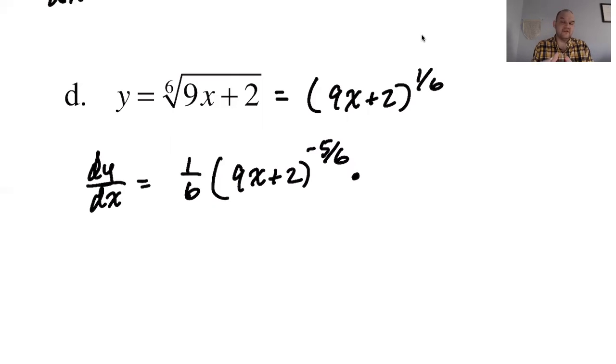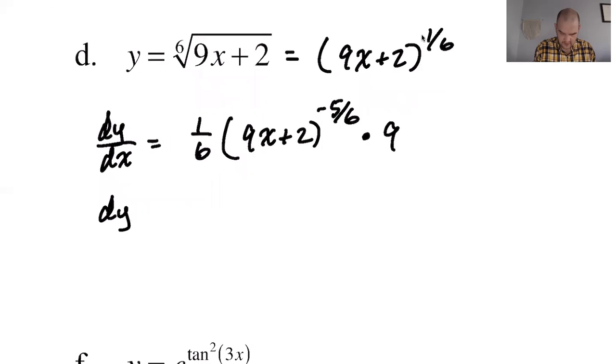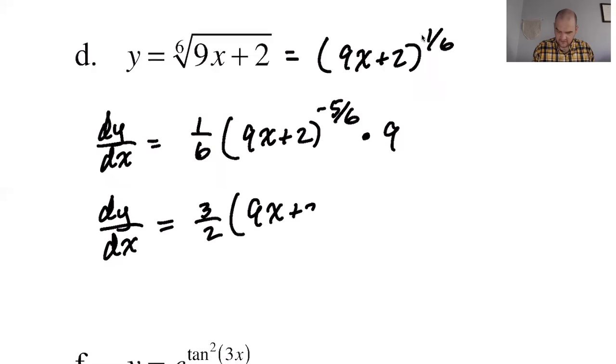The thing that we're composing is 9x plus 2. Its derivative is 9. So I think we should clean this up. We'll say dy/dx is 9 divided by 6, which is 3/2. I'm going to leave it with the negative rational exponent because it doesn't really bother me.